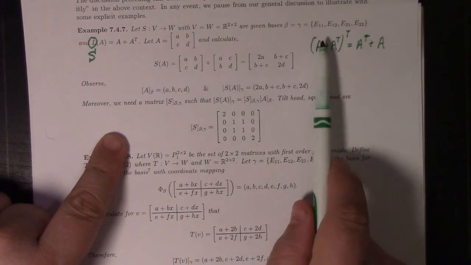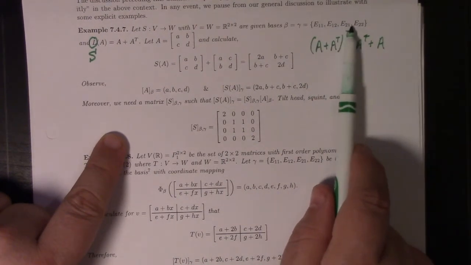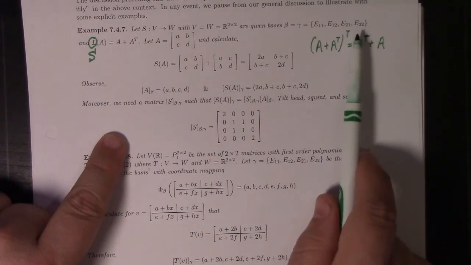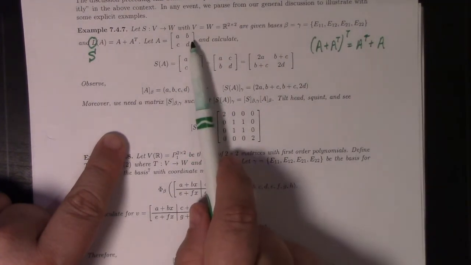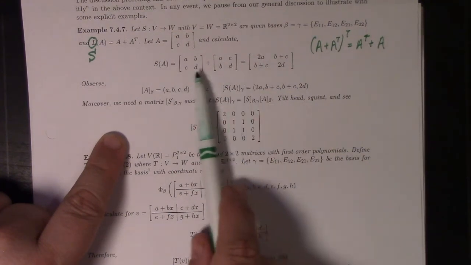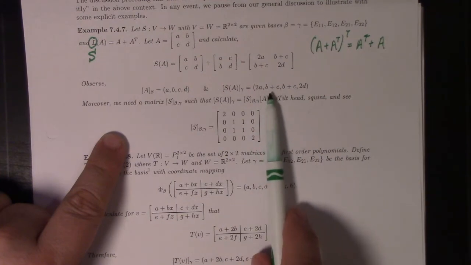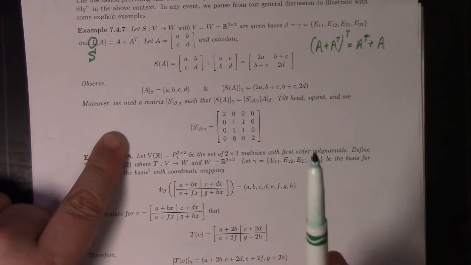Now, if we use the usual lexicographic basis, E11, E12, E21, E22, the matrix units that we talked about, then the coordinate vector of [a b; c d] is just (a, b, c, d). And the coordinate vector of the image, after we calculate the action on the generic matrix, is (2a, b+c, b+c, 2d).